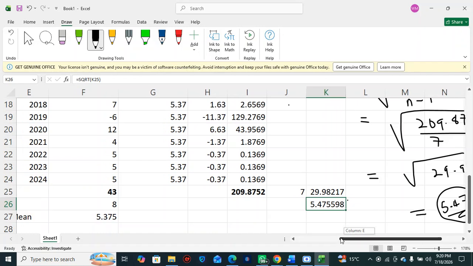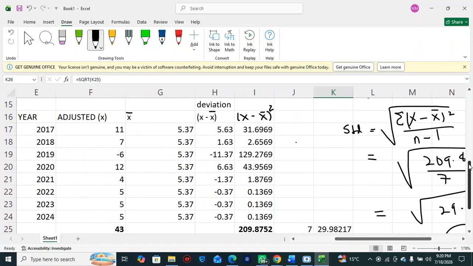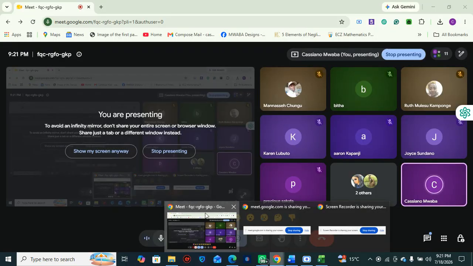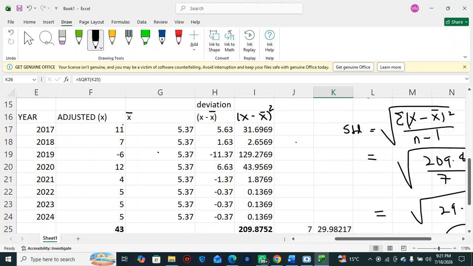And what you're going to see is the returns are near each other. Because remember, the whole concept about standard deviation is how far on average are the returns from the average. A bigger standard deviation means the individual returns are very far from the average. But a smaller standard deviation means the returns are near the average. Have you seen?